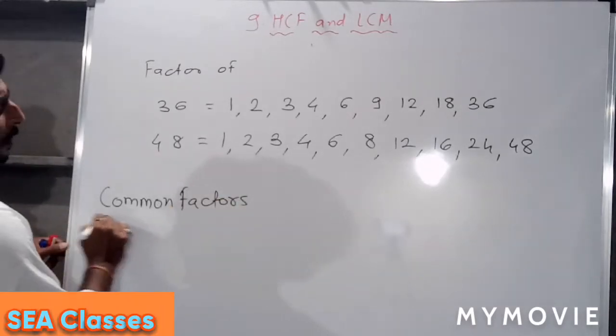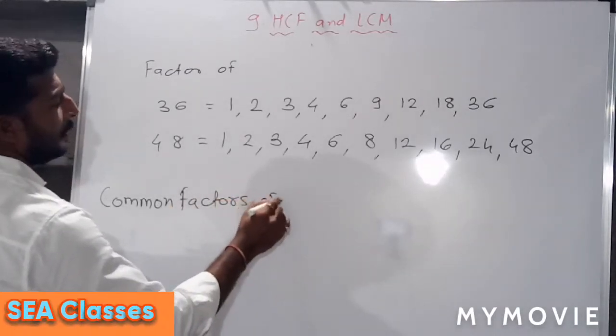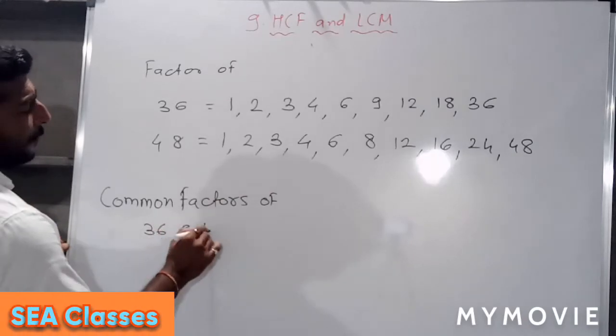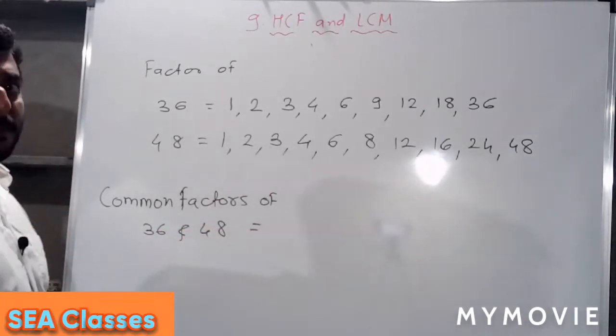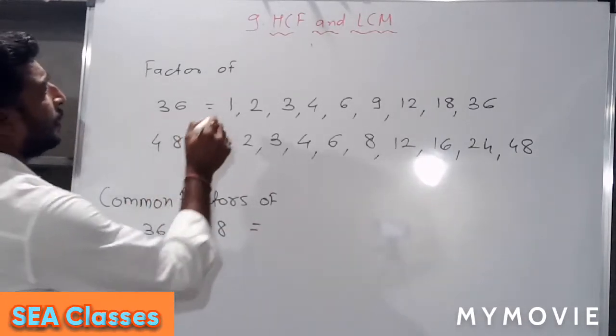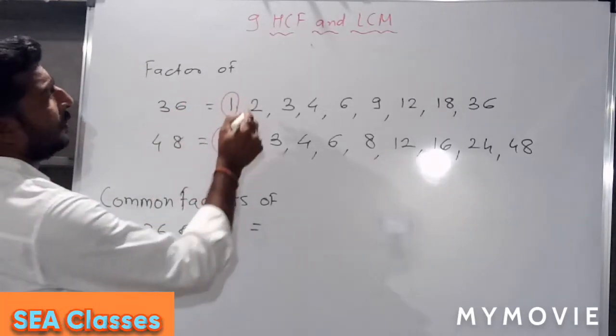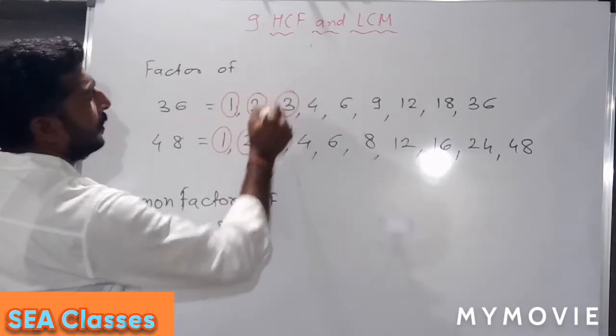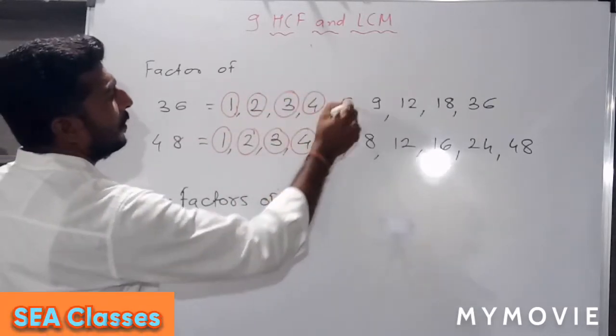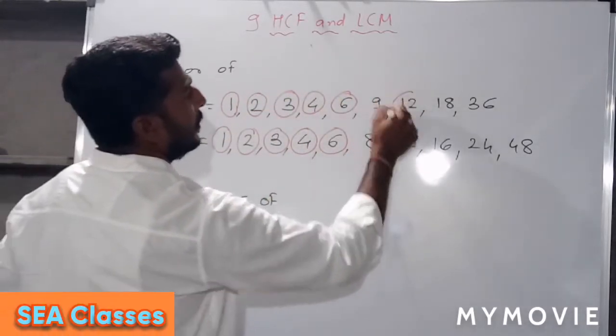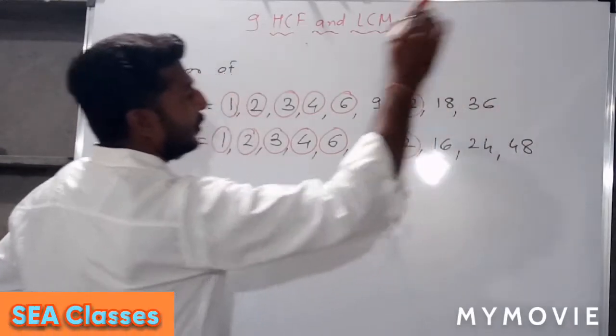You have to make the list of common factors of 36 and 48. Common factors means the common numbers which can divide both 36 and 48. So there are 1, 2, 3, 4, 6, then 12 and no other number.